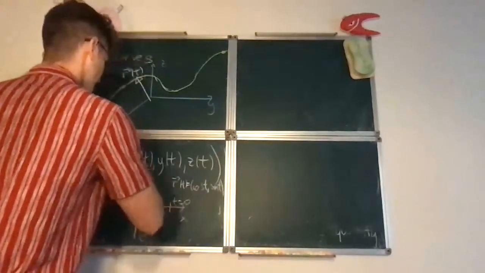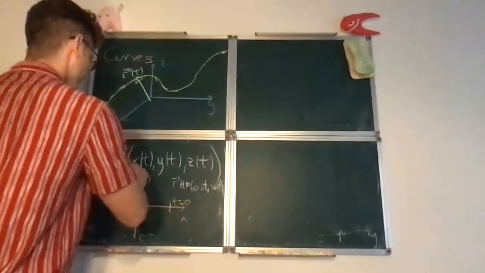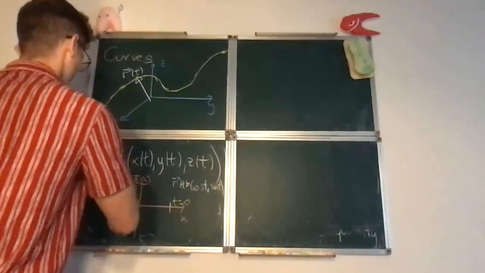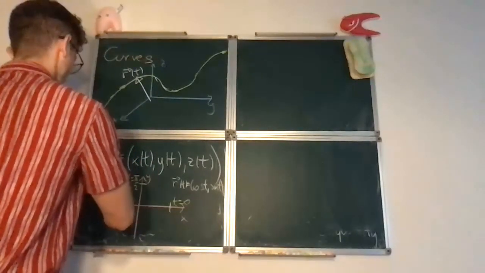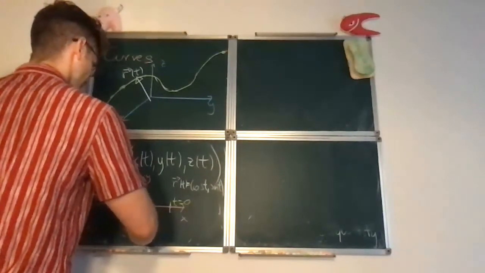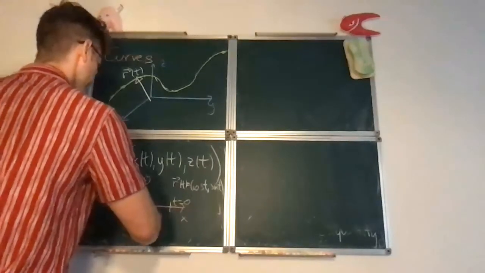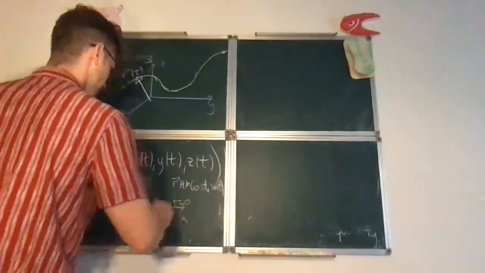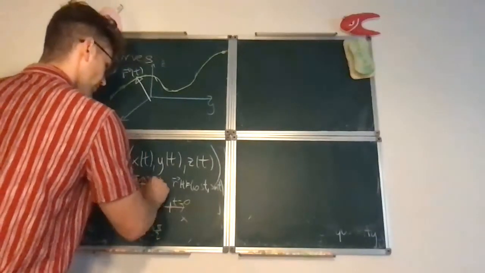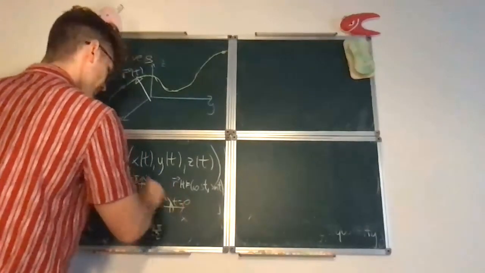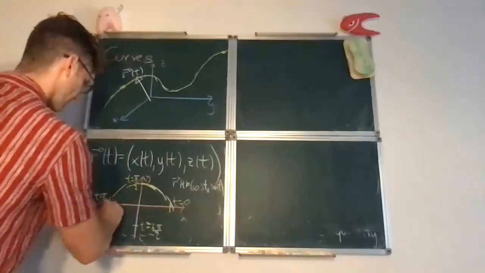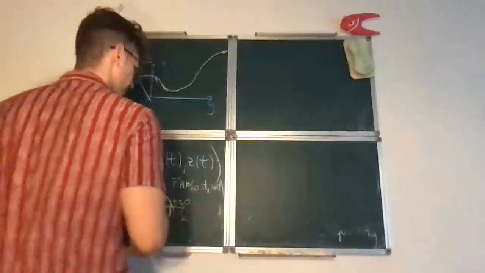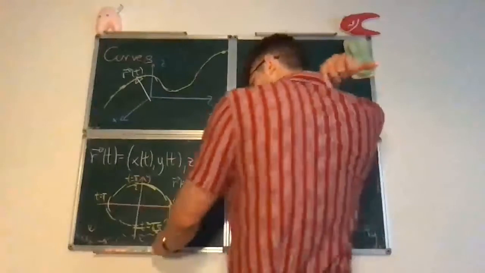At time t equals pi over 2, you're here. At t equals pi, you're here. At t equals 3 pi over 2, you're here. And so in total, as you may know already, this is the equation of a circle of radius 1.